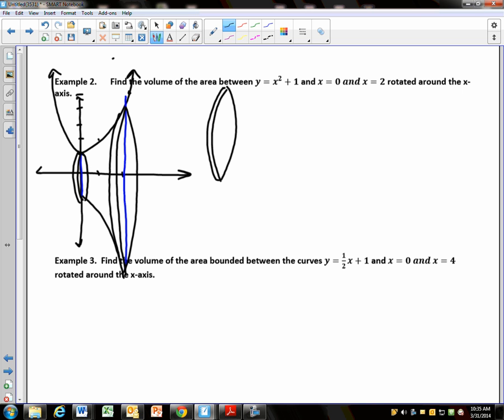What's the width of our disc? dx. So we want to integrate an infinite number of these, so I need the volume of this disk. In order to get the volume of this disk, I need the area of the top part. Again, what's traveling through the middle is y equals 0, and the top is what provides the height for me. What is the top? y equals x squared plus 1.